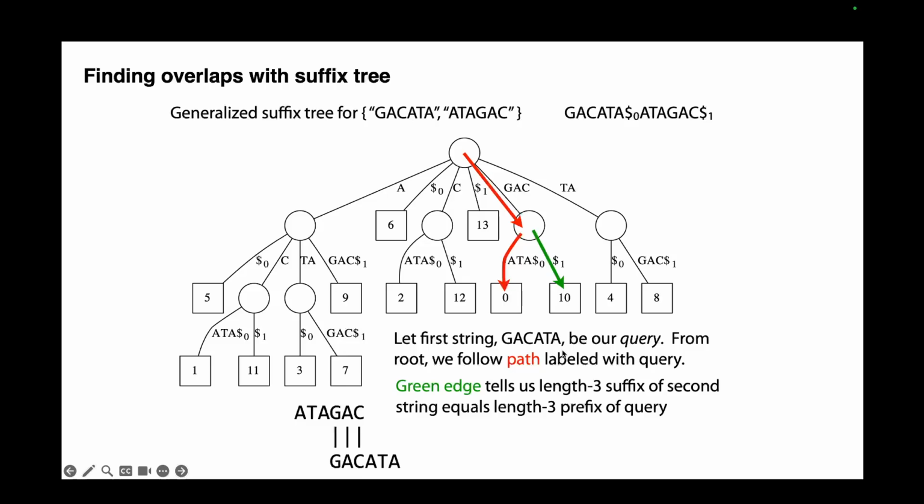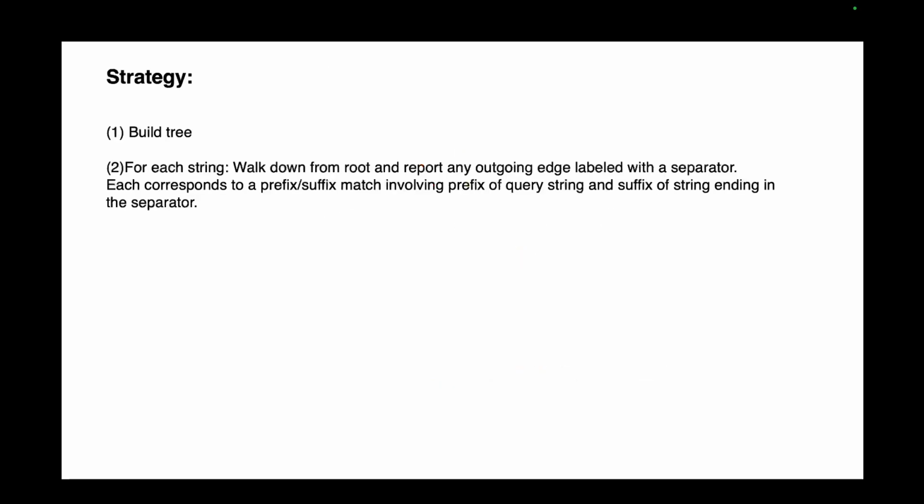So if your GACATA is your query, then from the root you follow the path labeled with the query. The green edge tells you that the length 3 suffix of the second string equals the length 3 prefix of the query. So basically you just need to travel from here, then you'll get the original query, right?